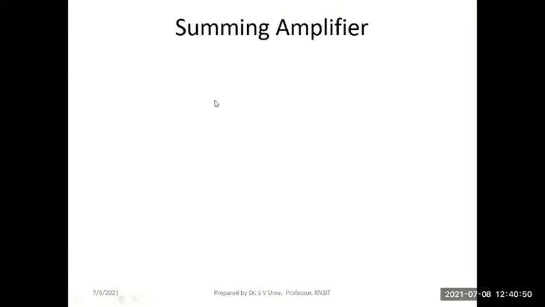Now, coming to how it can be made to work like a summing amplifier. Look at this equation and tell me what should I do if I should take out a common gain for all the three input signals, and I should be able to add the three input signals and multiply it with a gain factor.